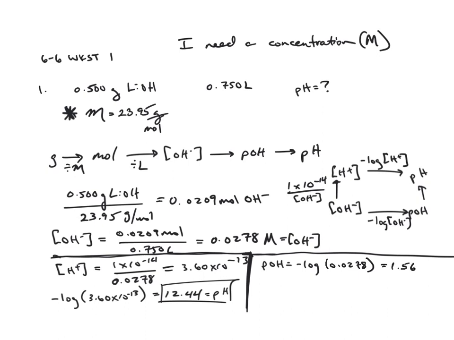Then pOH to pH is simply 14 minus pOH. So 14 minus 1.56 should be 12.44. It doesn't matter which way you go, you will get the same result.